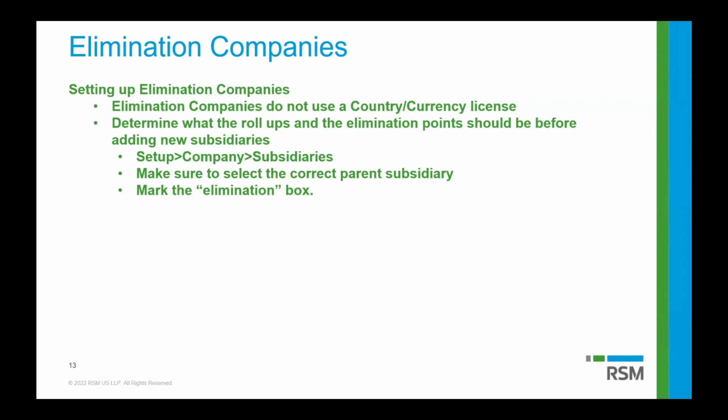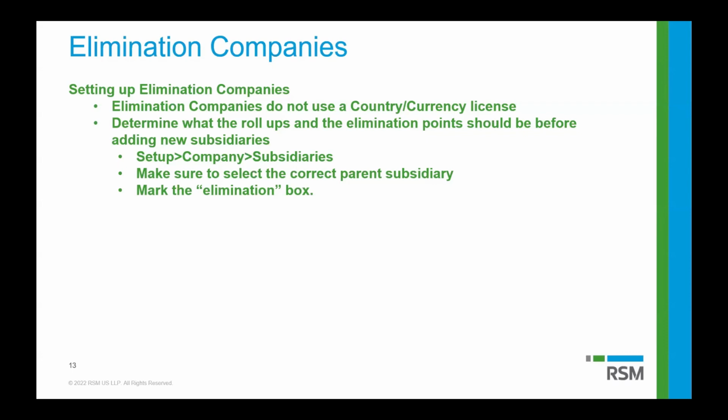The second thing that is very important is to figure out where your roll-ups and elimination points should be for consolidation purposes. We know that we need an elimination company at the very top. That is mandated by NetSuite. But depending on the complexity of setup, what is going to be necessary down the line?